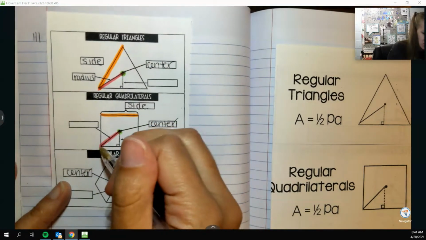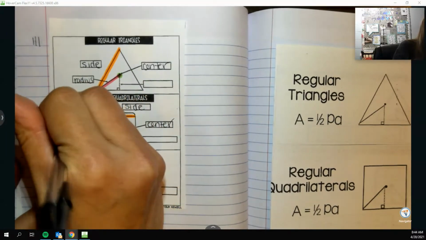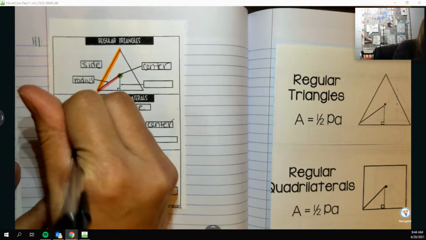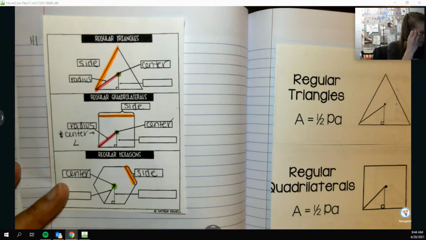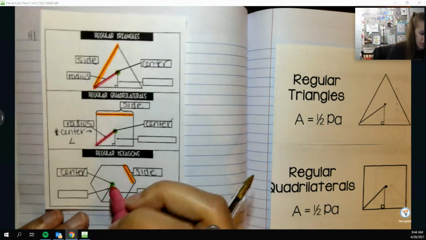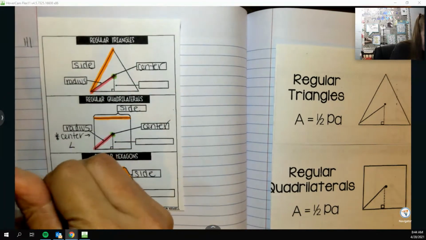So from center to angle is a radius. Maybe let's make that note. Radius is center to angle. And we have one there. Radius.